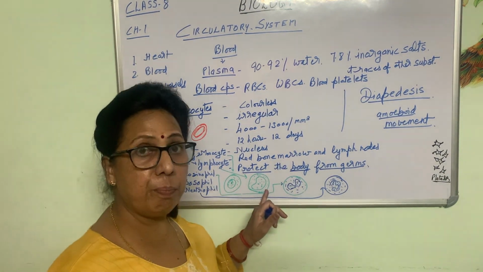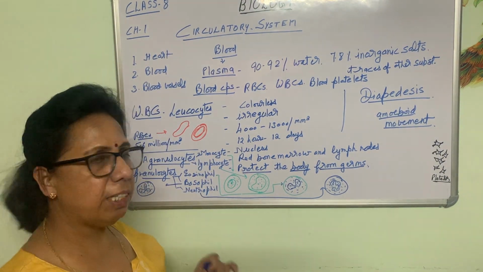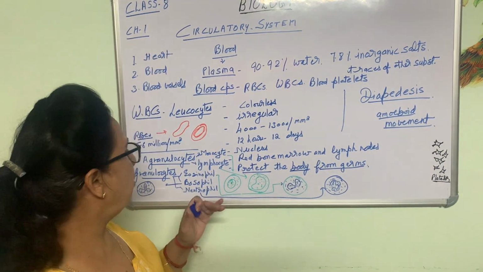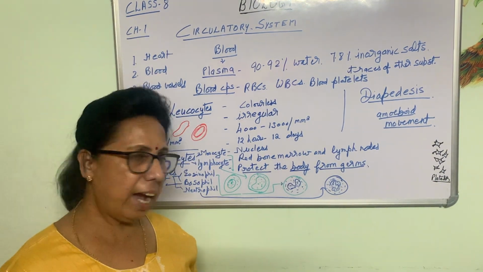Lymphocytes have a bean-shaped or kidney-shaped nucleus. Granulocytes, where granules are present, are divided into three: eosinophils, basophils and neutrophils.